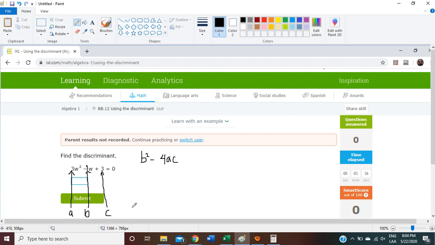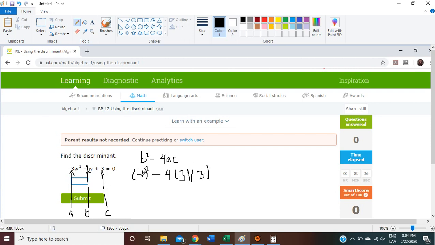So let's substitute the values. b is negative 1, and it is going to be squared. Minus 4 times a, and a is 3, times c, which is also 3.